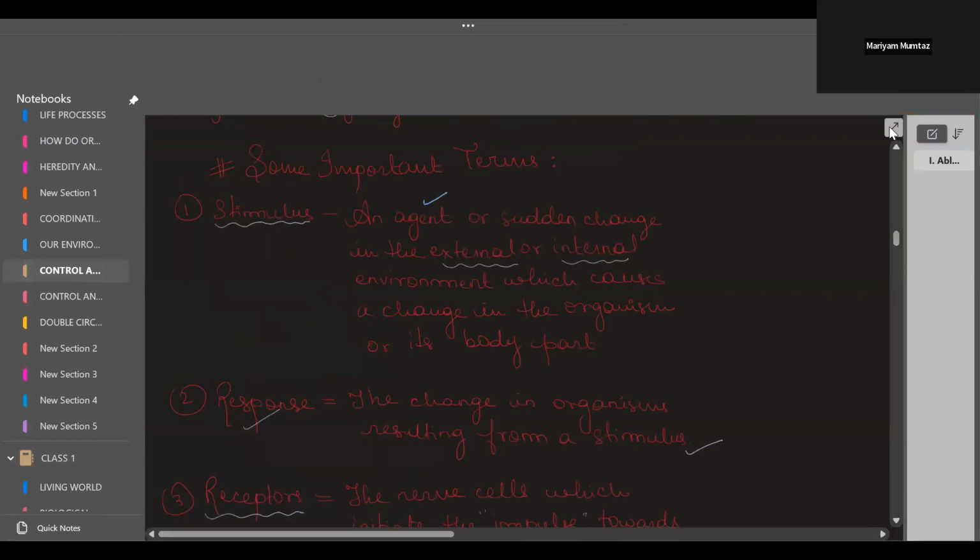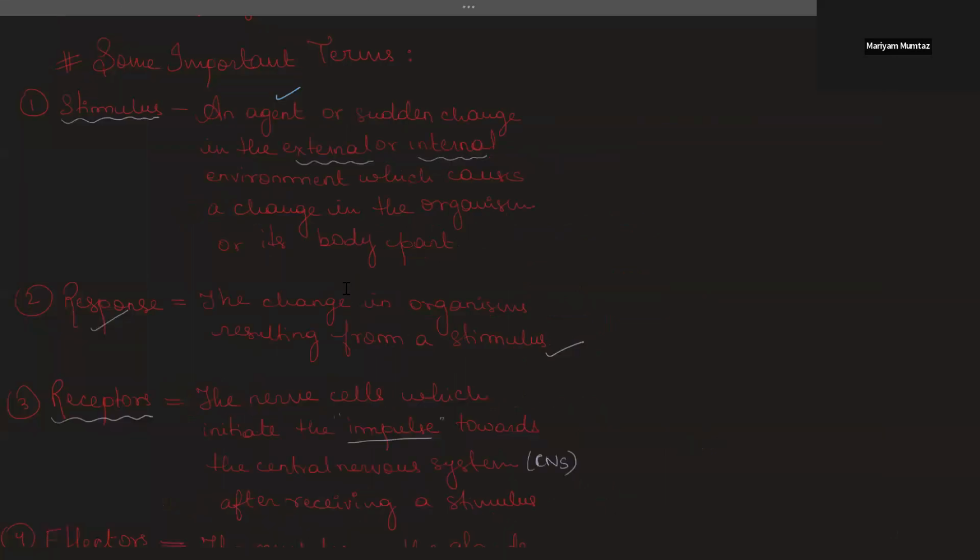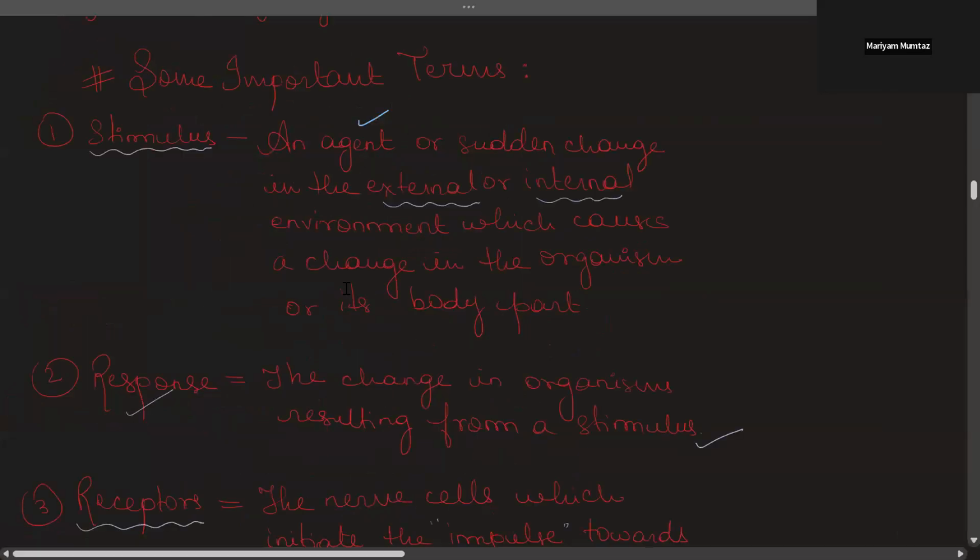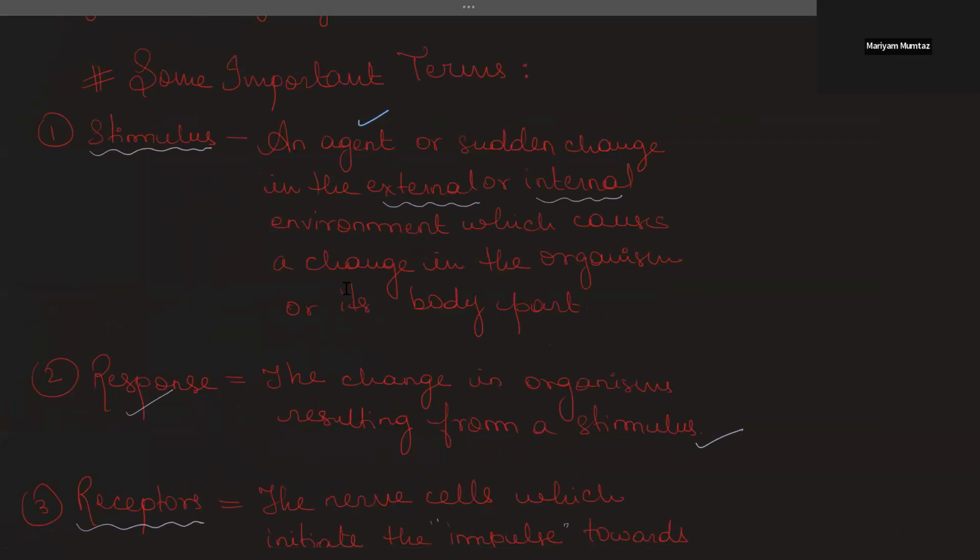In this particular chapter, we are going to see how we respond to the world around us, what is present in our body so as to make us aware of our surroundings, what we do, how we do it, and everything about it. Before moving into the depths of this chapter, let us look at some of the most important terms that we will be continuously using throughout the chapter.